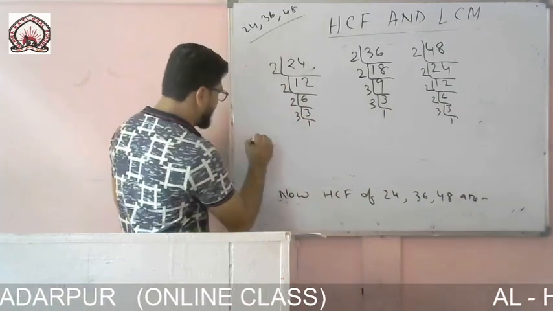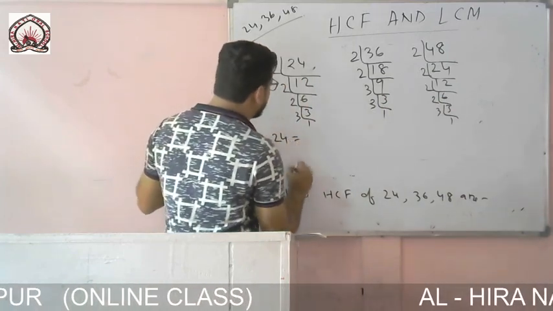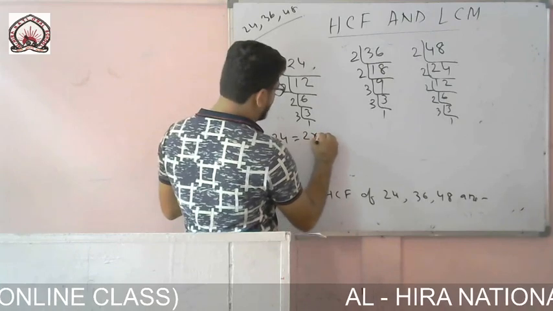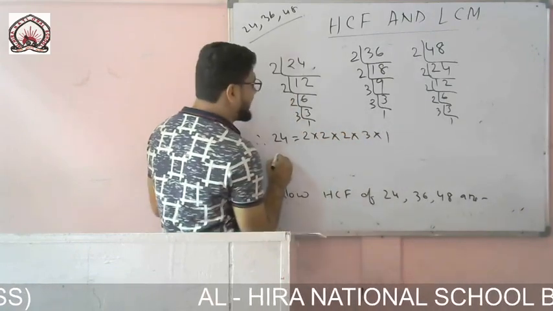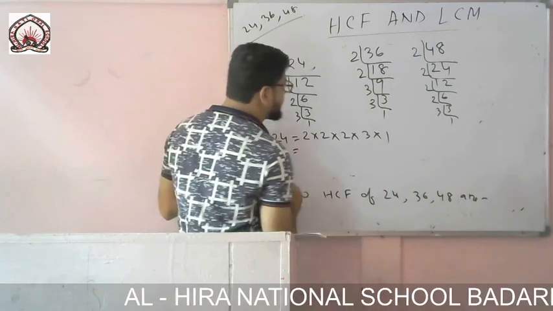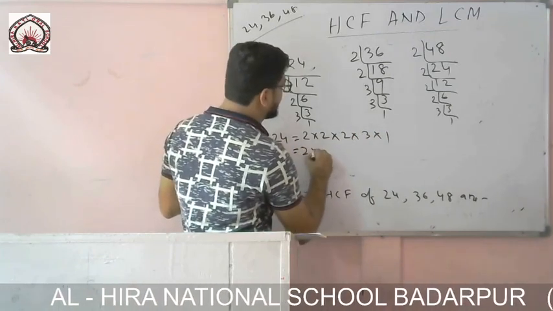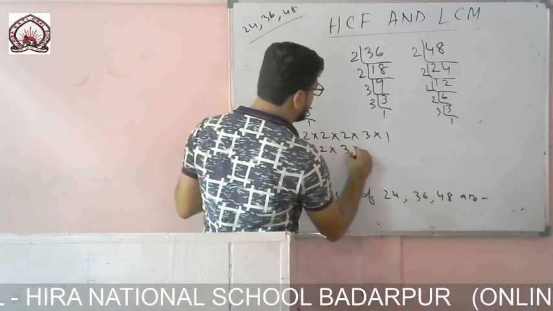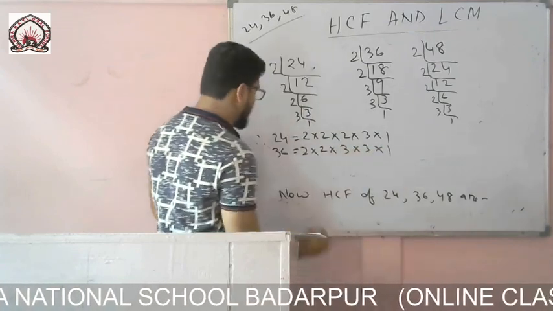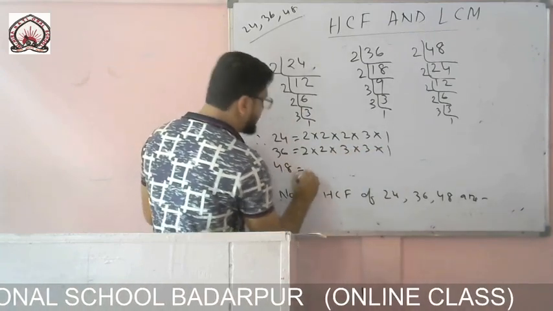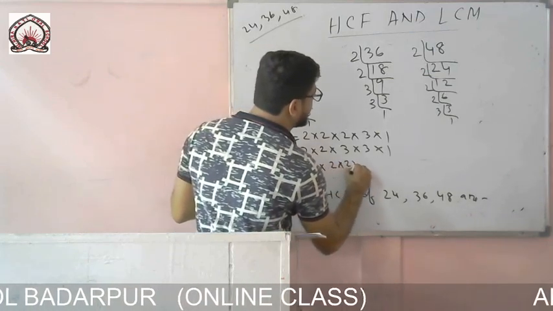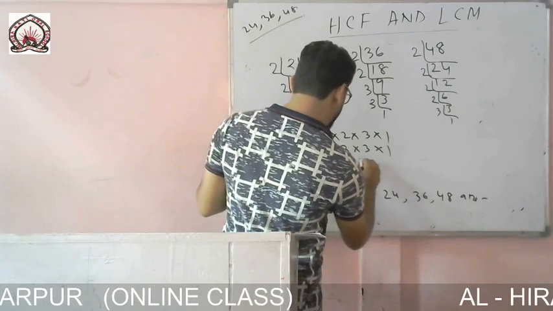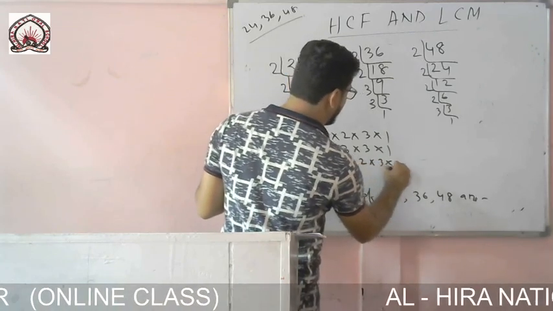Okay, now write 24 equals 2 into 2 into 2 into 3 into 1. Then 36 equals 2 into 2 into 3 into 3 into 1, and 48 equals 2 into 2 into 2 into 2 into 3 into 1.